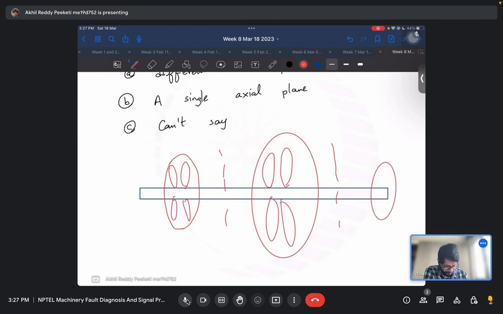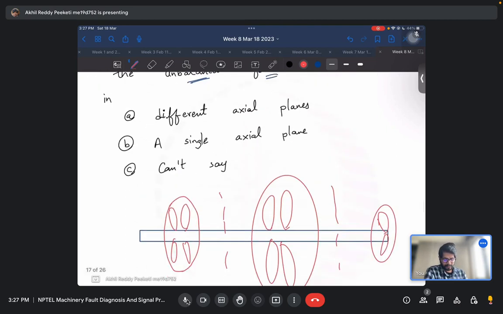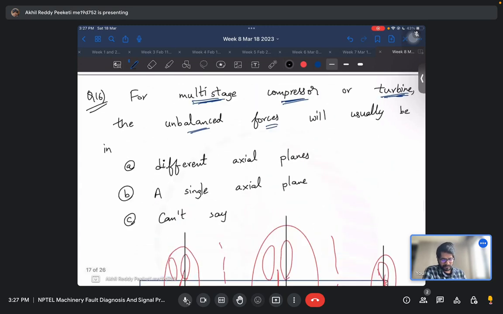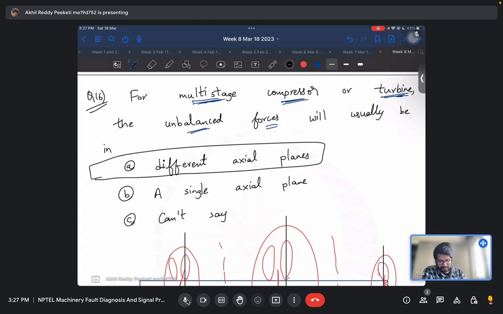So it could have the unbalances created at different locations. So different axial planes, if you are looking from this side, so these three planes there could be different unbalances. So in a multi-stage compressor or turbine, the unbalanced forces will usually be in different axial planes.